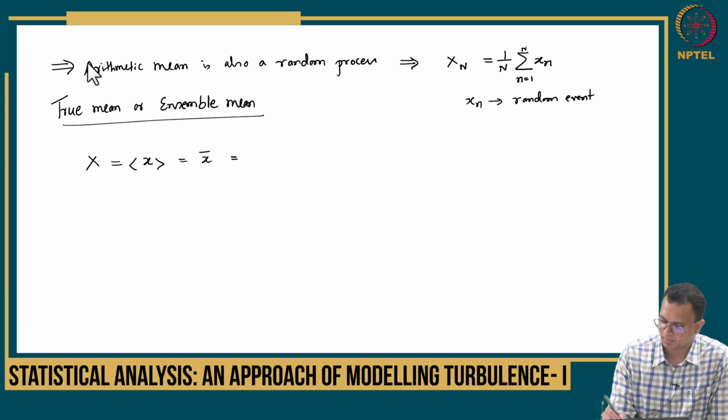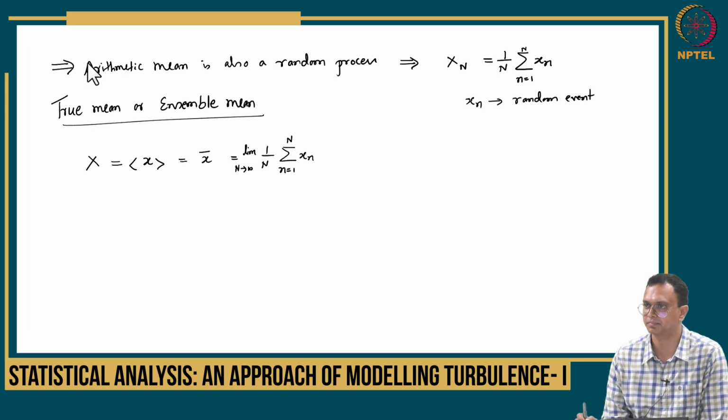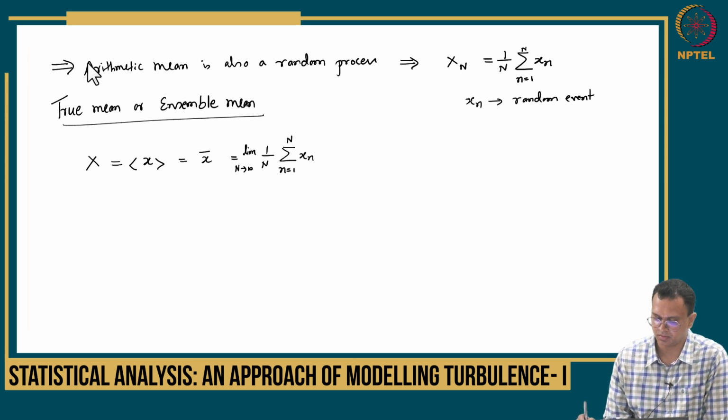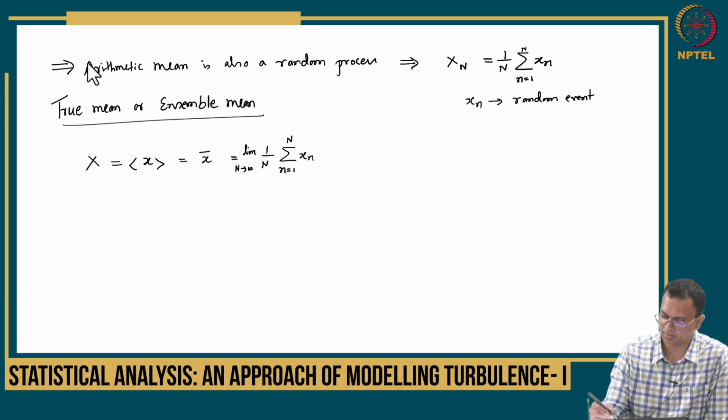Here this will be similar to your arithmetic mean, the only thing is you are going to put a limit here, limit n tends to infinity, okay. So this is your true mean, but how to obtain it is a question here, it's not just straightforward.